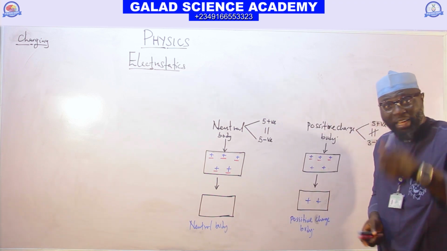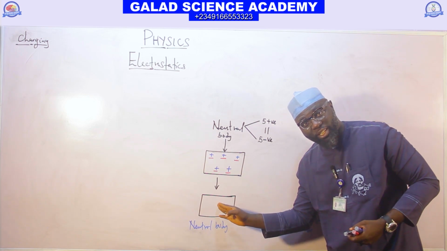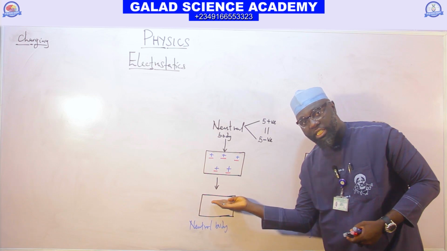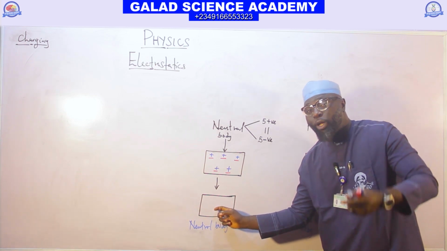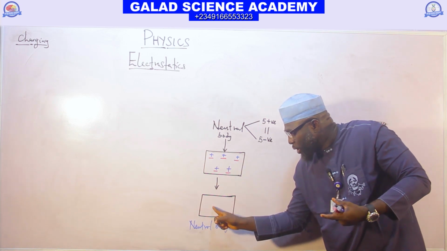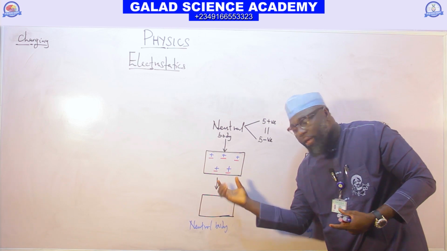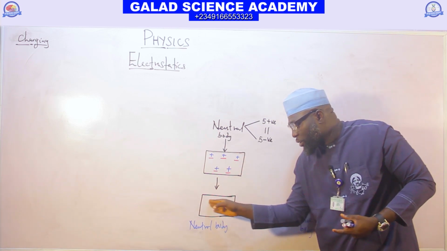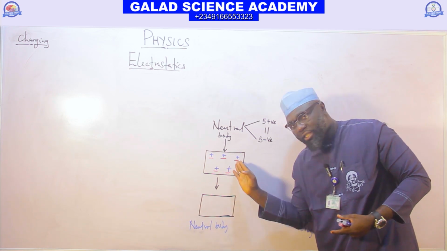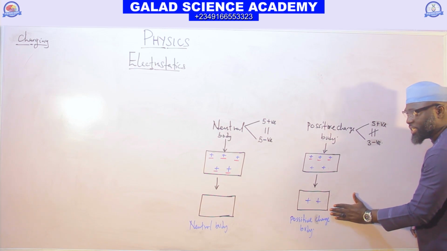But in a normal sense, how many charges do we have here? 5 positive charges, 5 negative charges. Because they cancel each other, it's empty like this, it's neutral. But microscopically, this body contains these charges. There's no need for us to show these charges. This is neutral, but inside it, we have this in a real sense. So for the positive, this is it.